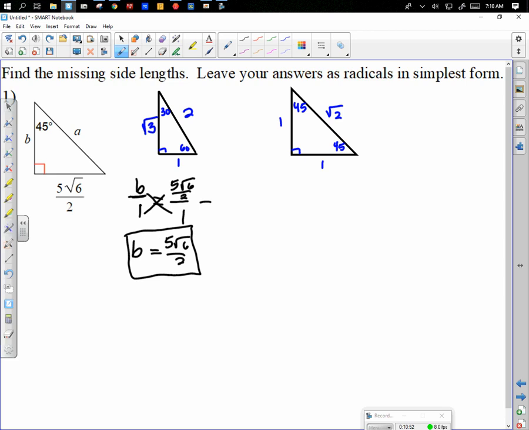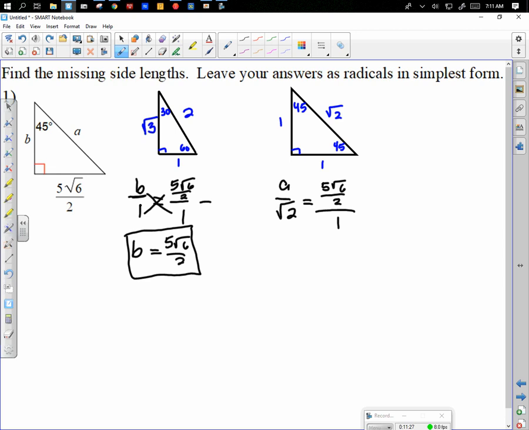Now I need to find a. Now the hypotenuse over here corresponds to the hypotenuse over here. So this will be radical 2 is equal to a side that I know, 5 radical 6 divided by 2, and this side corresponds to this over here, is equal to 1.